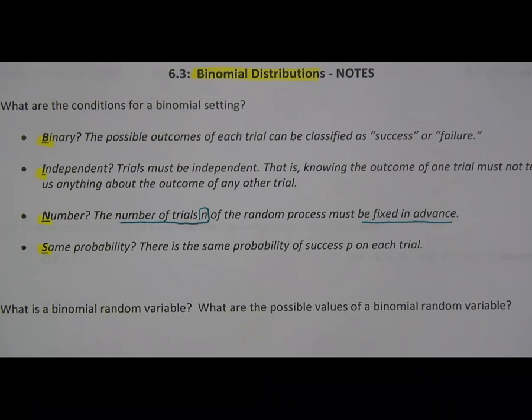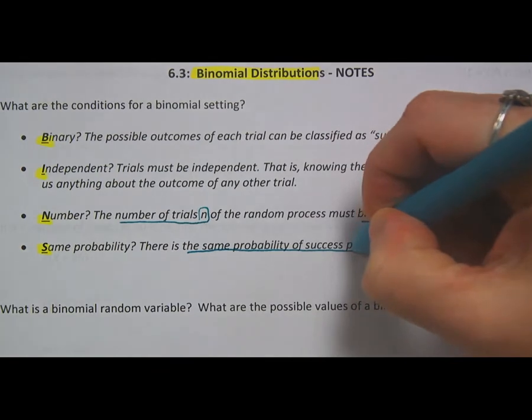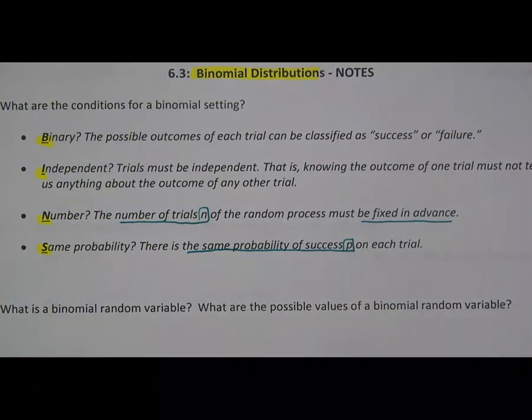S means, does every single event have the same probability, the same probability of success? And that's lowercase p that you'll see in our formulas today, and you'll write that in just a second. But lowercase p is the probability that you get a success. Let's say I want to know the probability that you flip heads. Heads would be the success, tails would be the failure.